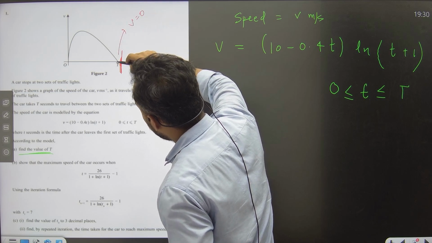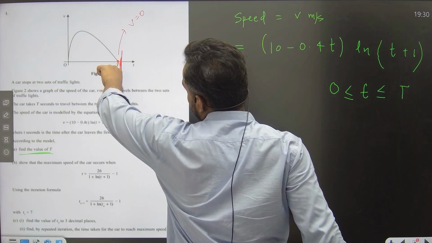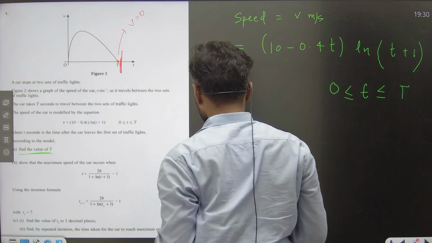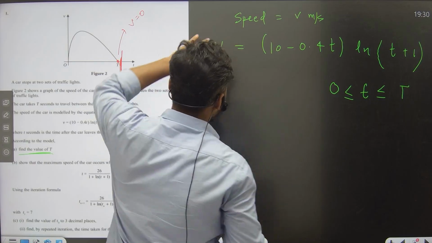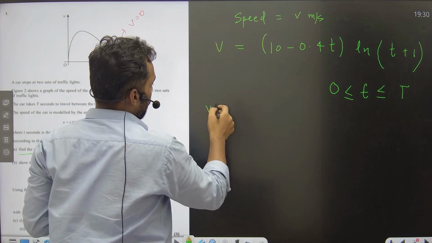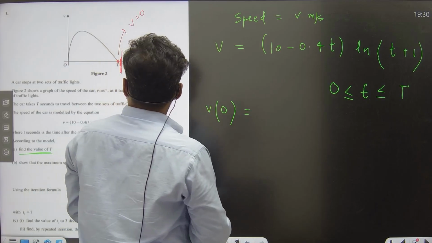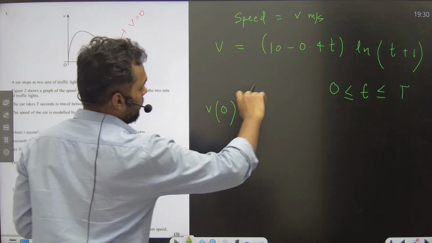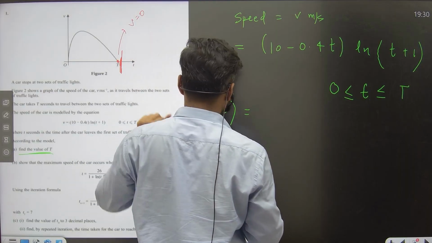It is clearly observable that the velocity at capital T is 0. This is the model for velocity, and now the velocity is 0, so we will be plugging in the value.